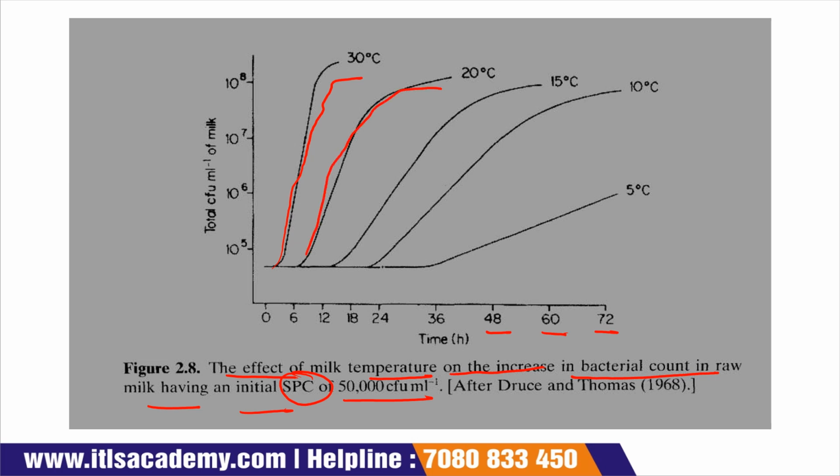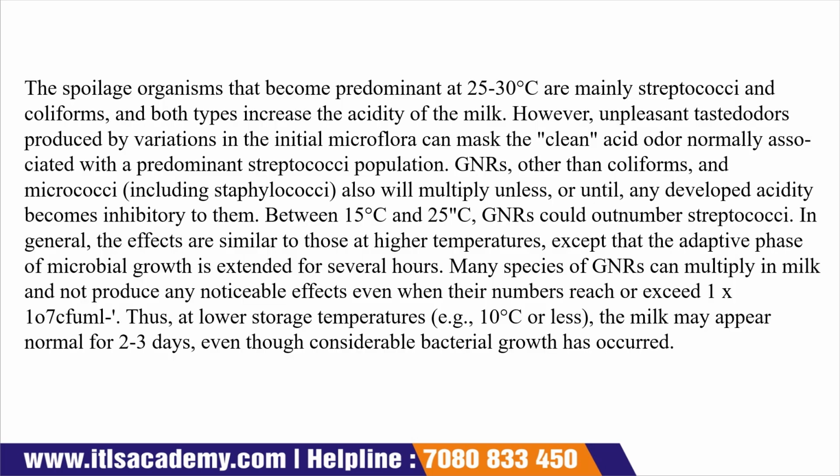Okay, now the next one is, the spoilage organisms that become predominant at a temperature range of 25 to 30 degrees Celsius are mainly streptococci and coliform. Okay, so these two, streptococci and coliform, become predominant at 25 to 30 degrees Celsius, and they are spoilage microorganisms. Spoilage microorganisms, that I already told you.